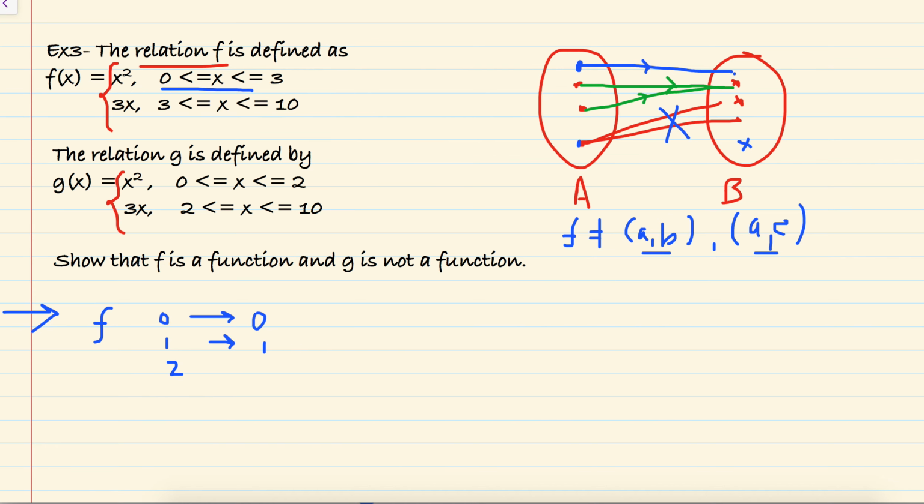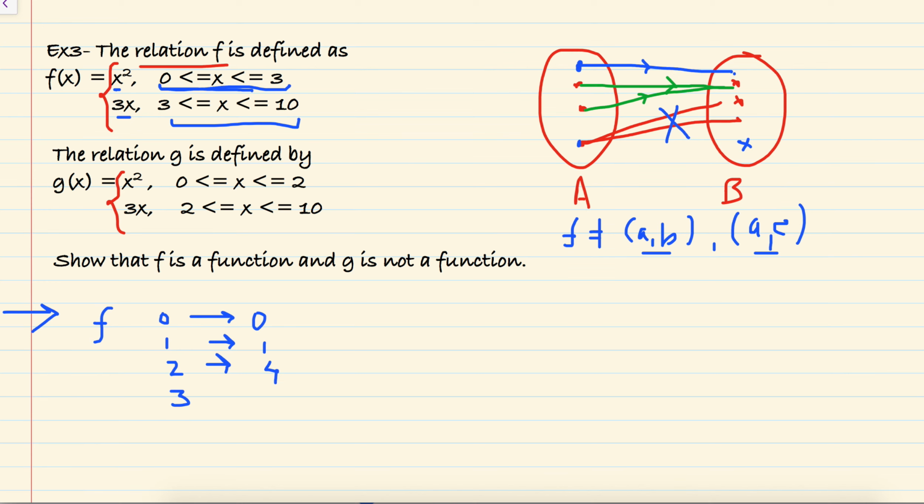So this function is defined from 0 to 10, only 0 to 10, not any other element. For 0 it takes the value of 0 because x is between 0 and 3, so we will take x square. 3x comes only when x becomes equal to 3 or more than 3 and less than or equal to 10. So for 2 it will again be x square, which is 4.